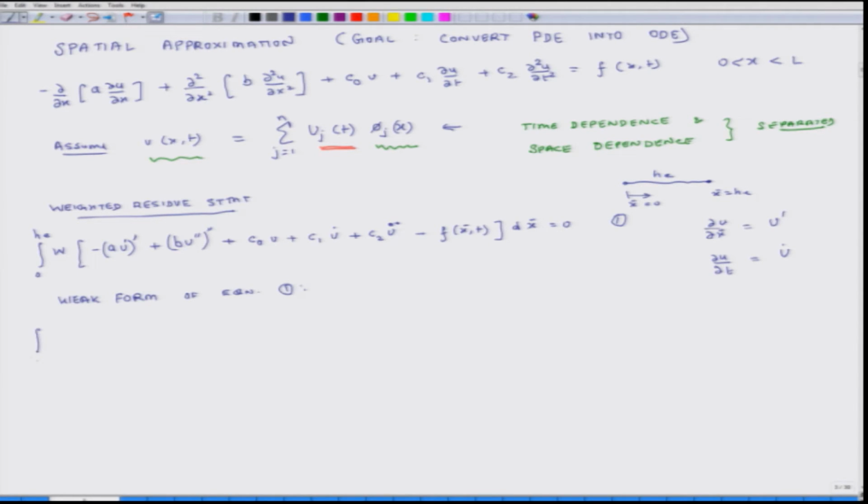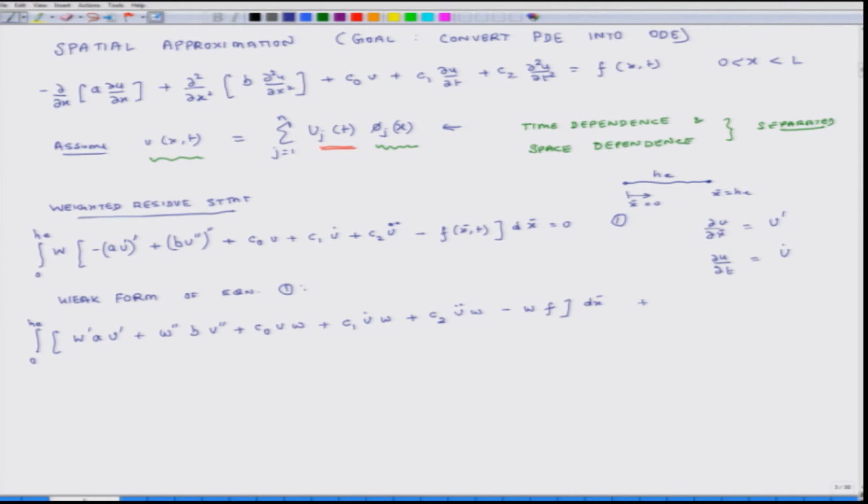The weak form is again the integral from 0 to He, where w will also have to be differentiated: w prime a u prime plus w prime prime b u prime prime plus c 0 u w plus c 1 u dot w plus c 2 u double dot w minus w f of x, integrated with respect to x bar.